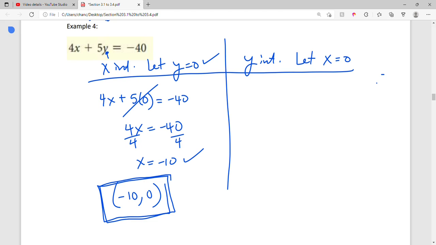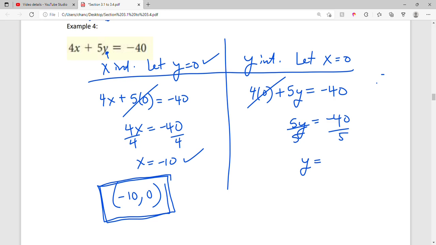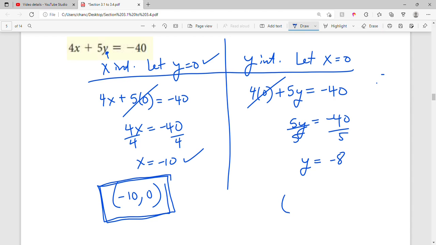For the y-intercept, let's let x be equal to 0. So it's very similar to the other side, except we're letting the other variable be equal to 0. 5y is now equal to -40. I could divide both sides by 5, and so y equals -8. Remember to write your solution as an ordered pair.